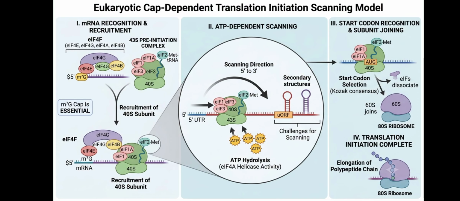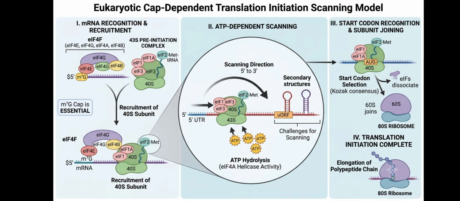The small subunit is brought by initiation factor 4. It scans the mRNA and searches for the AUG codon. Here you can see that in step number 3 it has found the start codon, and then the translation begins. So this is the general process.